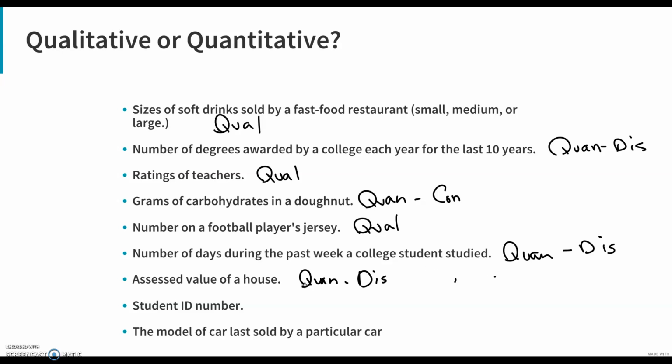There would be a ton of them, but you could list them all out. It's not infinite. Okay, student ID number, that is linked to a person, so it is a quality of that person. The model of car last sold by a particular car salesman. Okay, the model, that would be a category, so that would be qualitative.